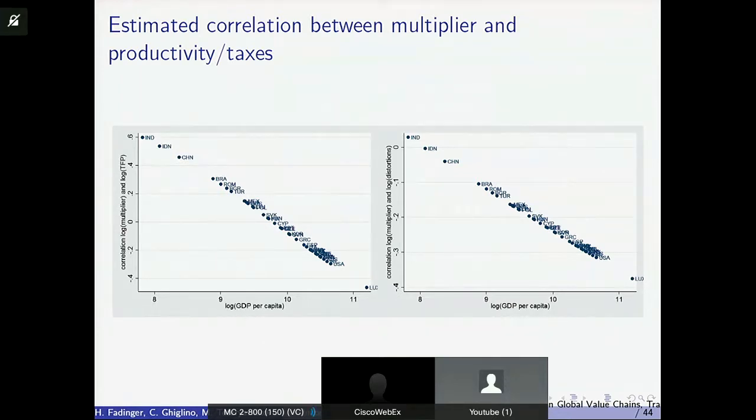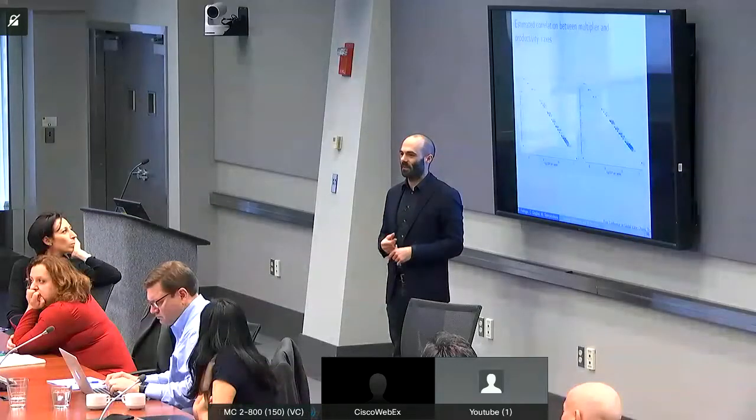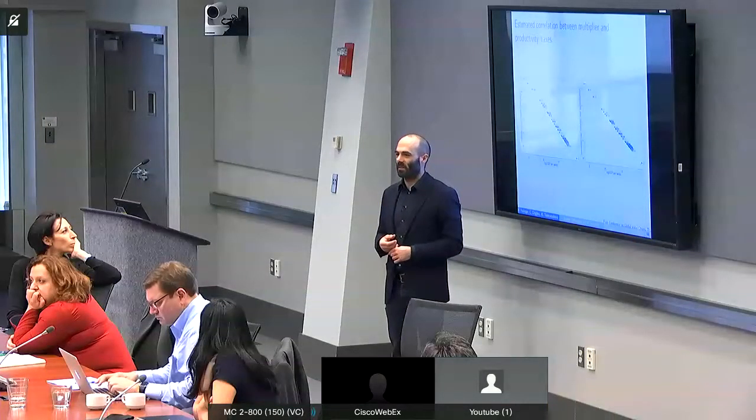Now, of course, if the elasticities of substitution on top of that were different for different countries, it would be impossible to identify anything, right?